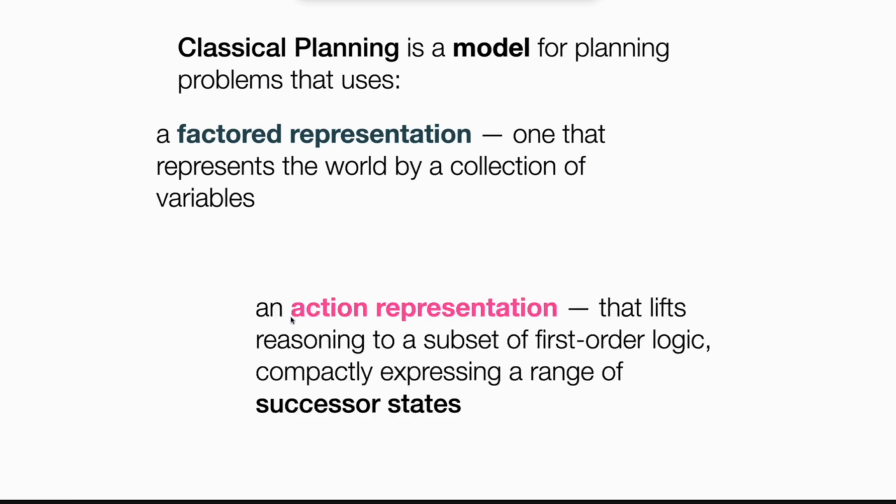And then the key part of the model really is that it has an action representation that uses a subset of first order logic, or alternatively it uses something called set semantics, which allows people writing these planning models to express a wide range of successor states using a compact representation.